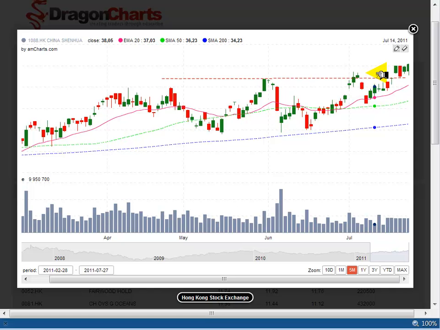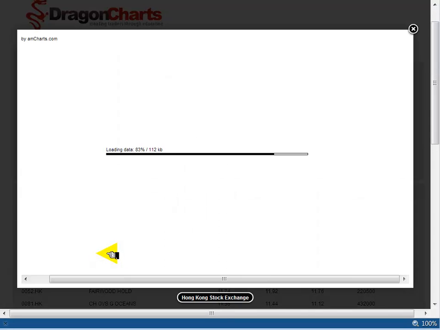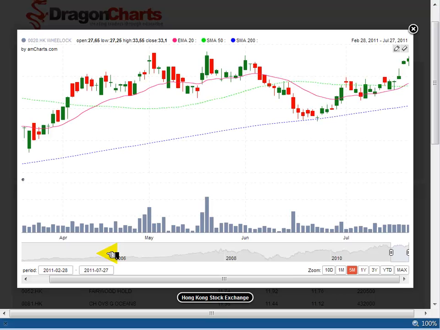So what a lot of our students do is they take the results from the DragonCharts scans, these stocks that are listed in the text here, and then they use another platform to analyze the charts more carefully, such as Interactive Brokers, which is one of our partner brokerage firms. You can do many types of technical analysis on the charts. These charts are meant just to give you a basic idea, a very quick view of the chart, and then what a lot of our people do is export the ticker symbols.